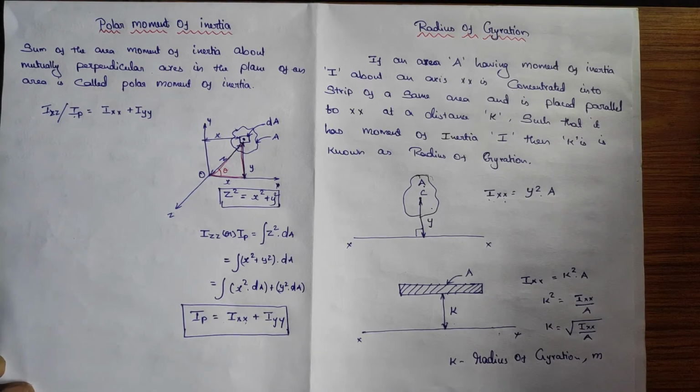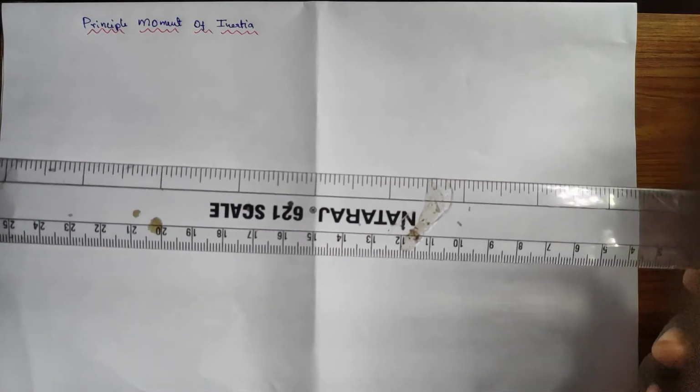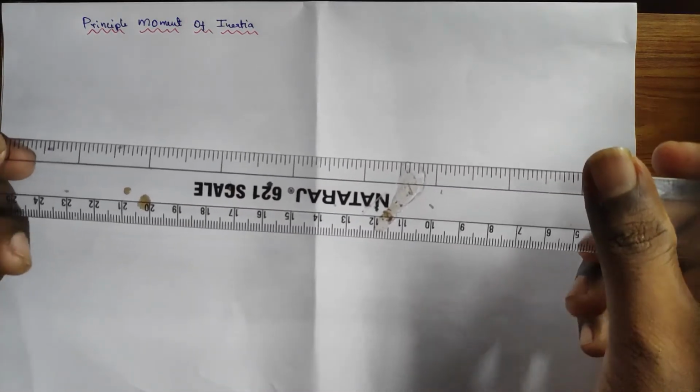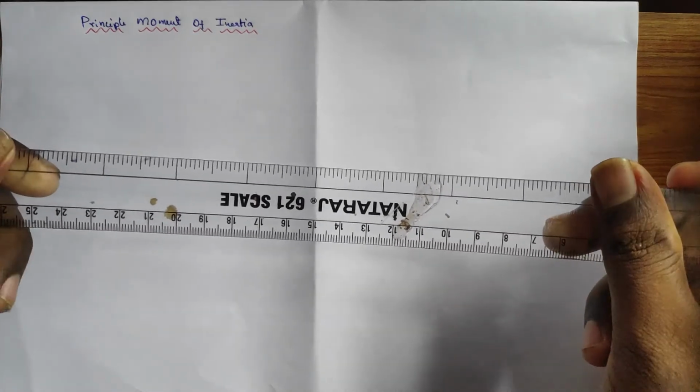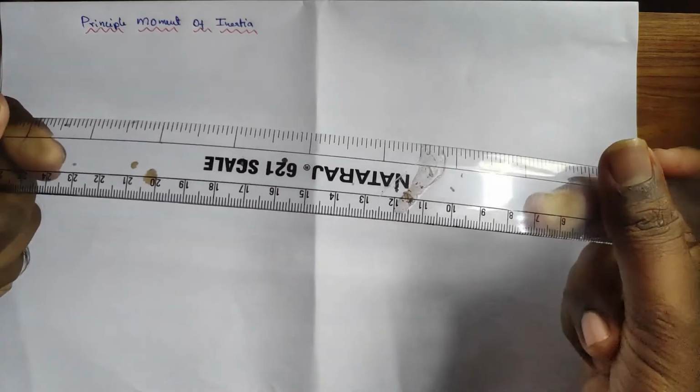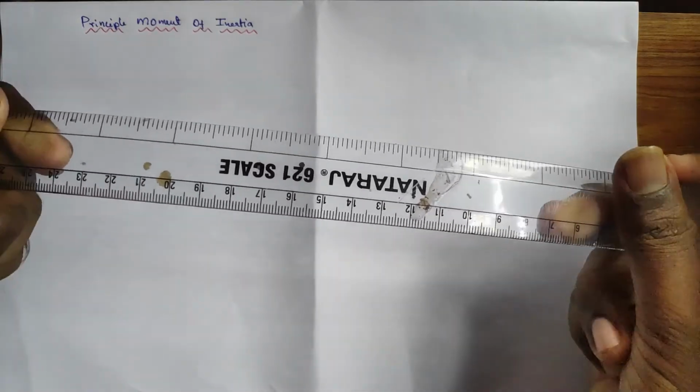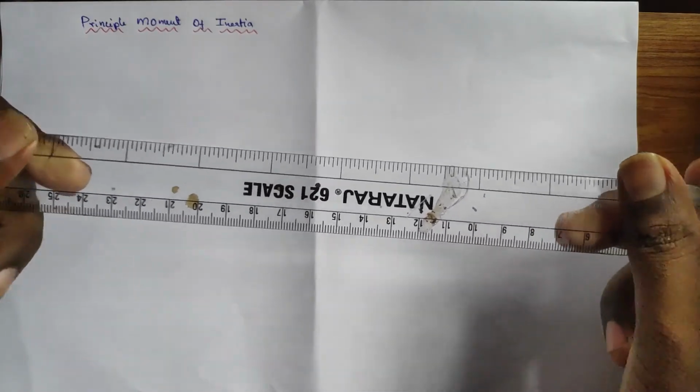Next we shall move to the next title, principal moment of inertia. For example, I have taken the scale and I hold it at both ends and give a load or force on both ends. It is bending.